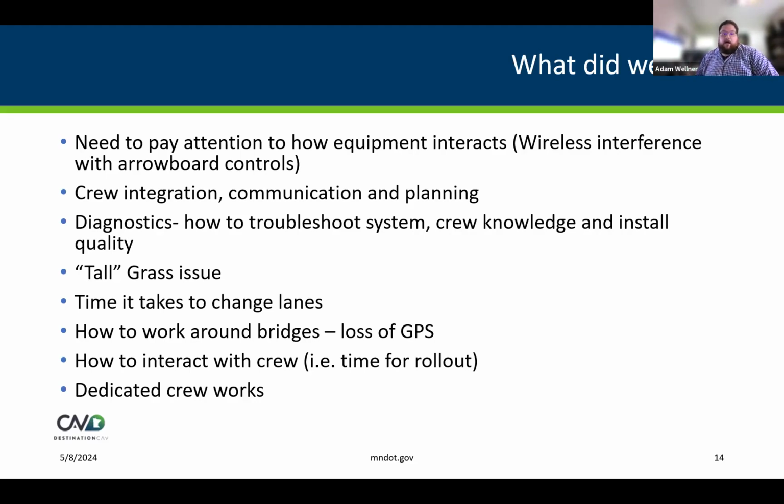We also very much established that this MnDOT dedicated crew was really the right thing to do for a research project. The operation of the system is honestly not that complicated, but because this is research, there are problems we are facing. MnDOT learned that if we're going to do these things, we need to dedicate some staff and build some skill.